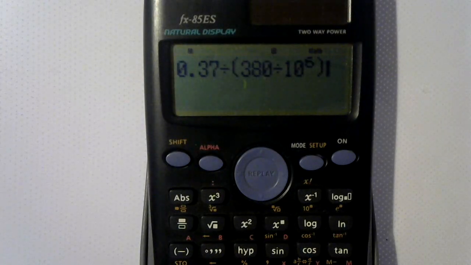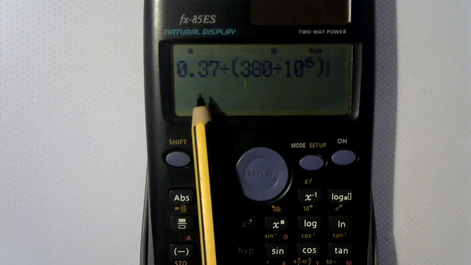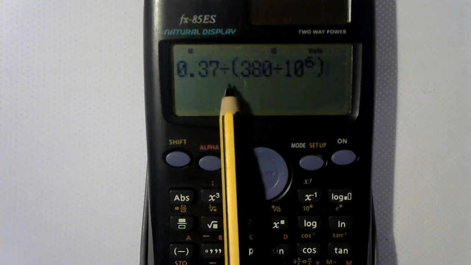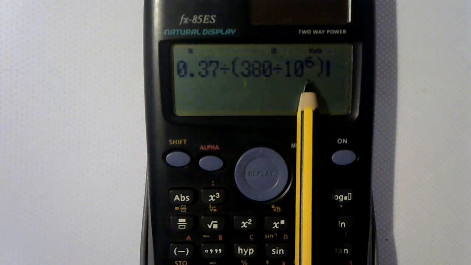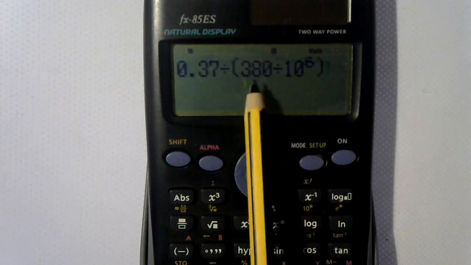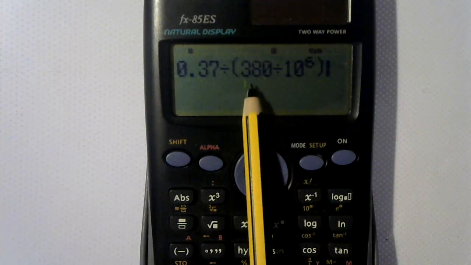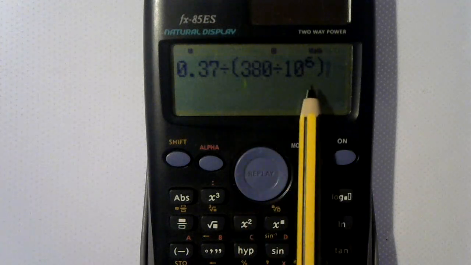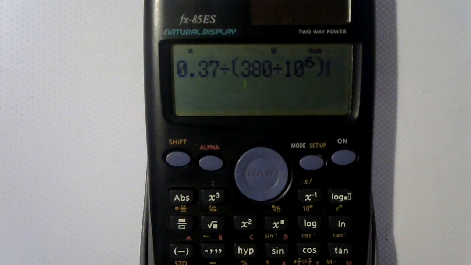Okay, so this is what I've got on my calculator. I've got 0.37 divided by, and I've put this in brackets to make sure that these stick together, the 380 and the 10 to the power of 6.